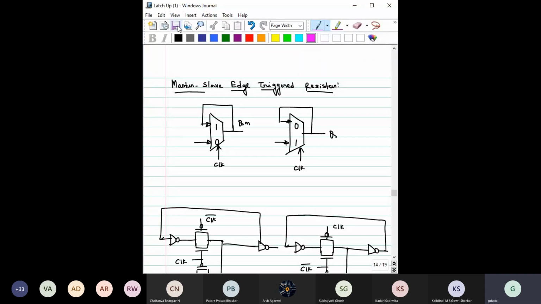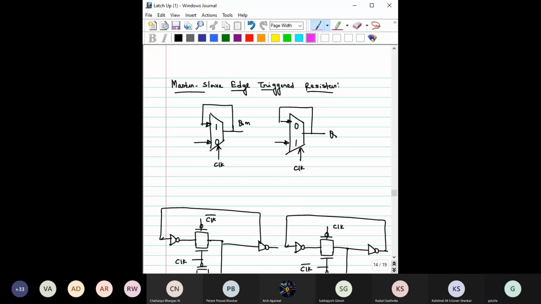You always want everything to be triggered at this edge so that you can synchronize. So based on whatever we have learned so far, can we think of using two latches to make an edge triggered circuit, meaning an edge triggered memory element?